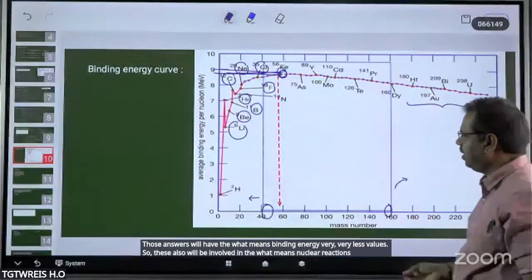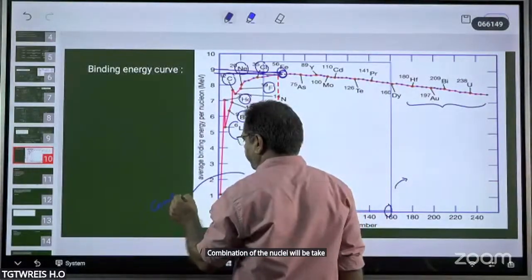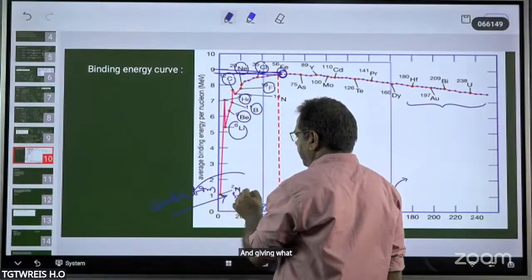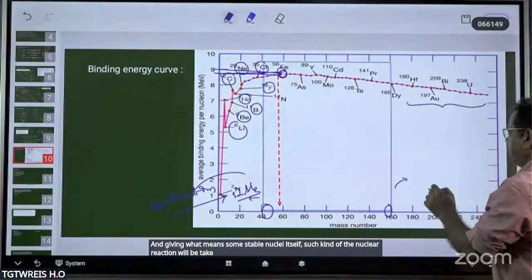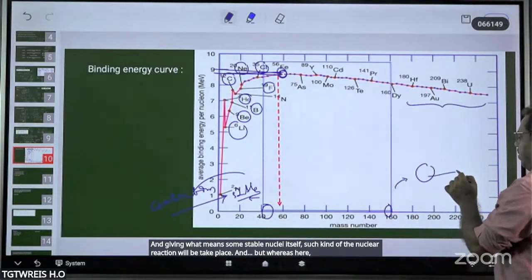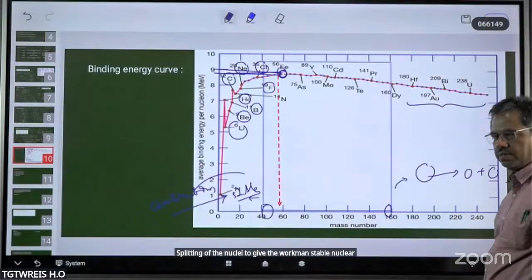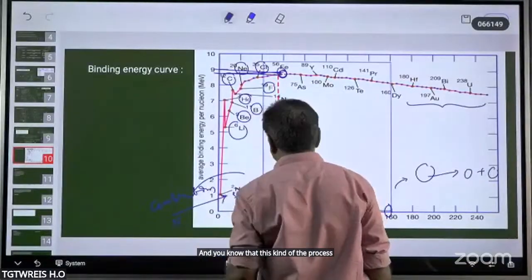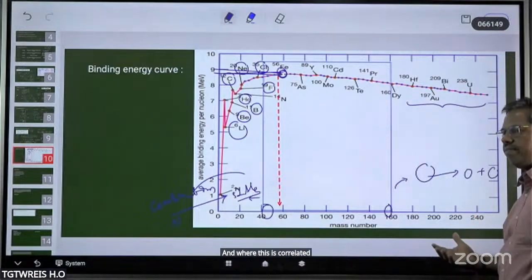Precisely here, combination of the nuclei will take place, giving some stable nuclei itself. Such kind of nuclear reaction will take place. But whereas here, splitting of the nuclei to give stable nuclei will take place. And you know that this kind of process is called nuclear fusion, and this is called nuclear fission.